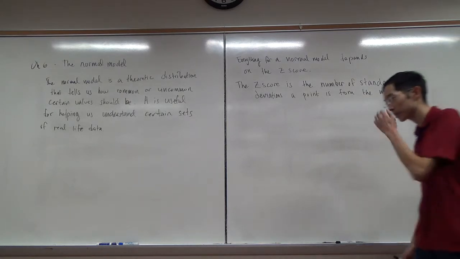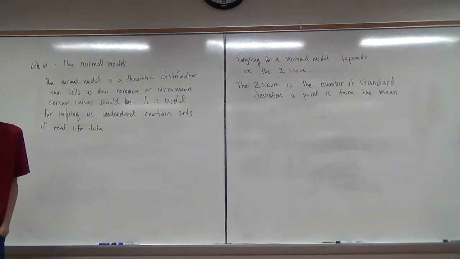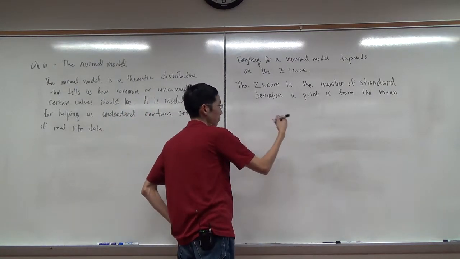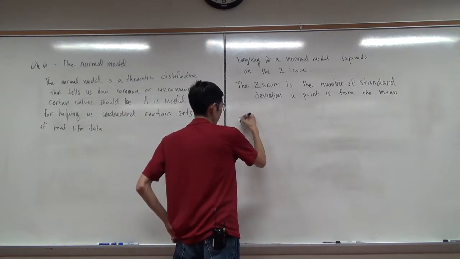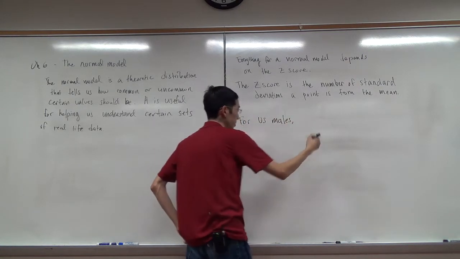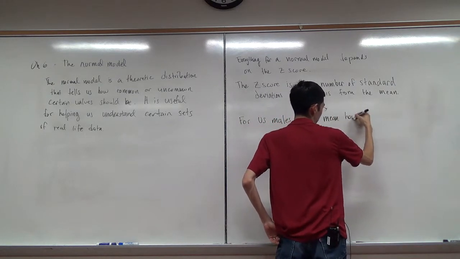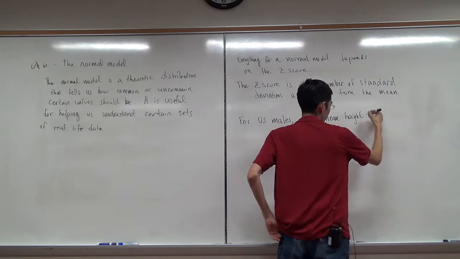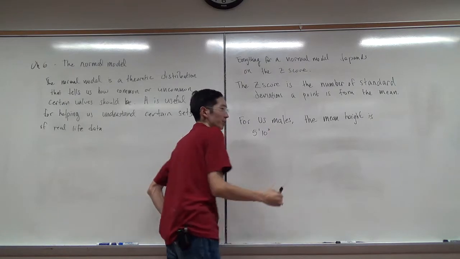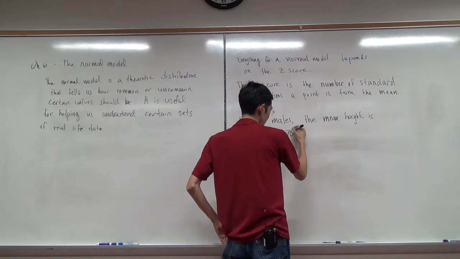So let's start off real simple. If I say human height, or let's say for US males, the mean height is 5'10". It's closer to 5'9.5", but just for simplicity, we'll say 5'10" or 70 inches.